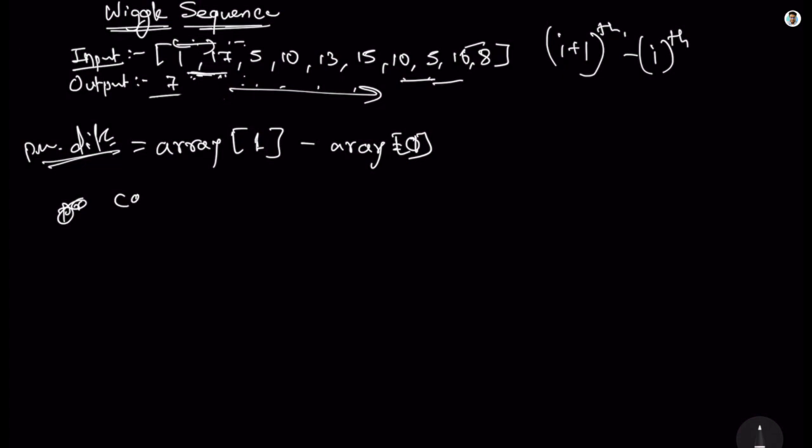We will initially create a counter. If the previous difference is not equal to 0, how are we checking that? First we have to check if both the values are equal. In that scenario it will not be considered as a Wiggle subsequence.